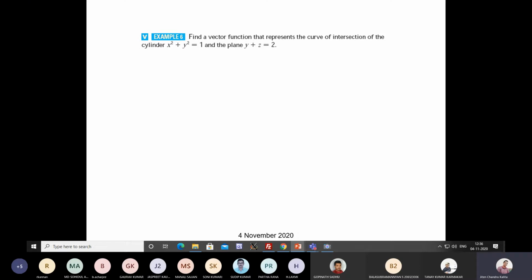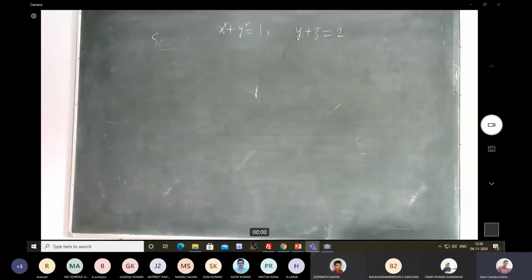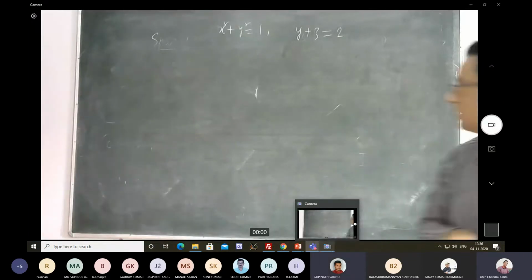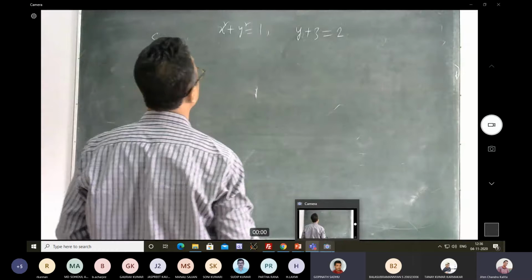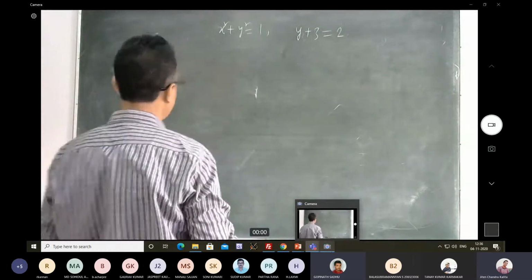Can you give me a parametric representation of this? x is equal to cos t, y is equal to sin t, and z is equal to 2 minus sin t. Yes.